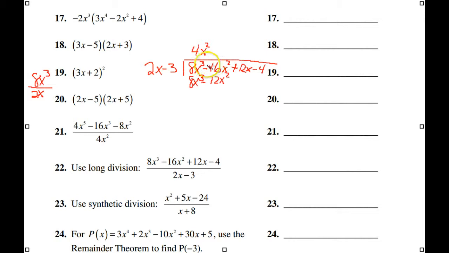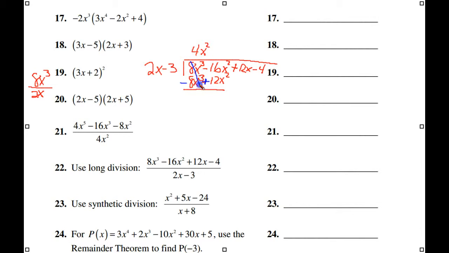If they're missing a power, like if x was not there, then you'd have to put 0x as a space holder here so that you could work it sequentially. So now I put my line. Now the next step is crucial, because what are you going to do here? We're going to subtract. Well, how do we indicate subtraction in algebra? We change the signs and then we add.